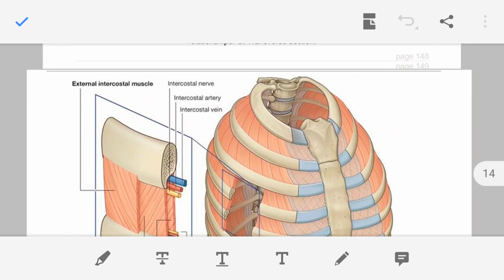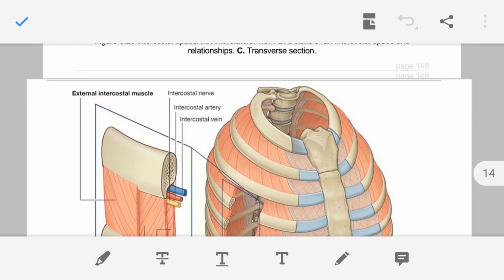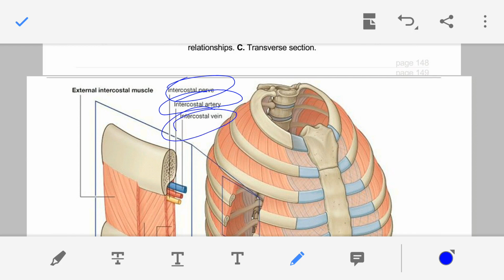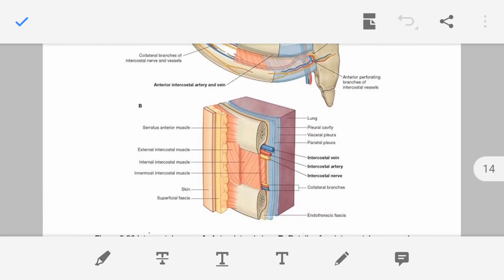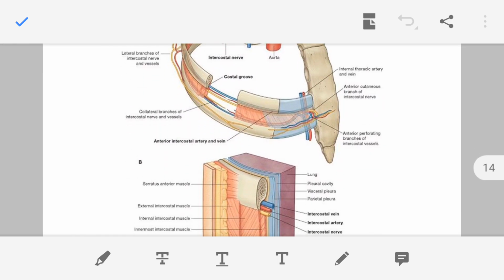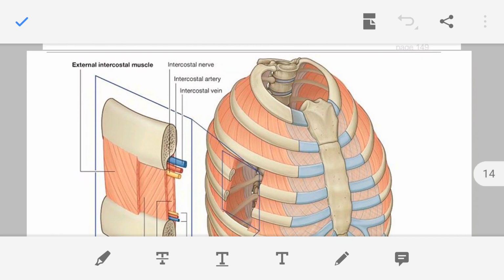And as you can see, in between these intercostal muscles, the nerves, the arteries and veins are also penetrating. Okay, so you can observe this figure also and this figure.